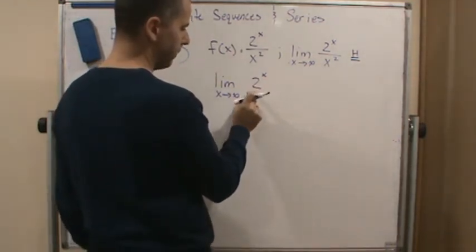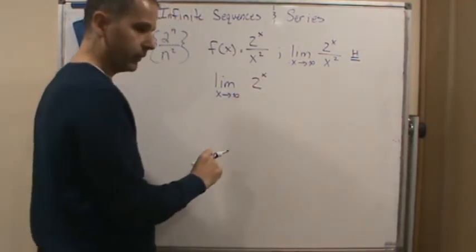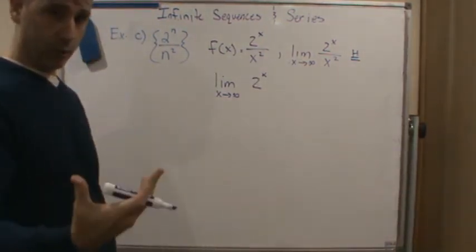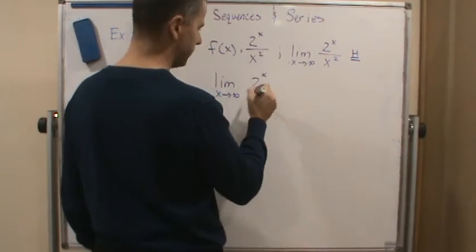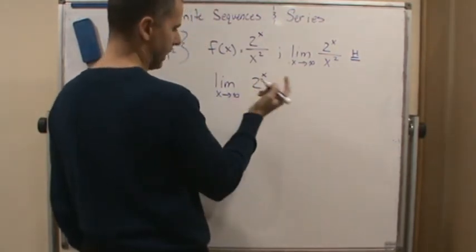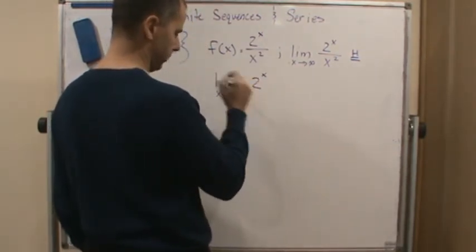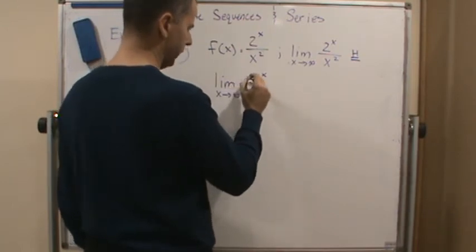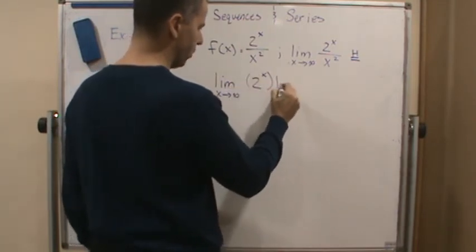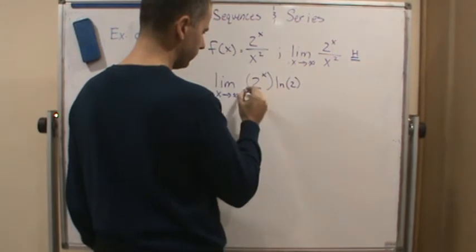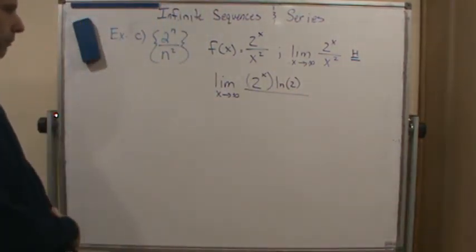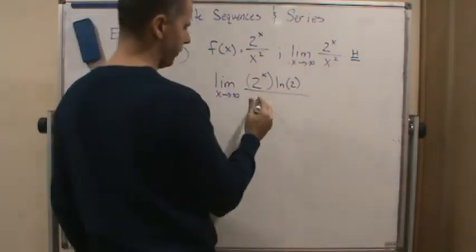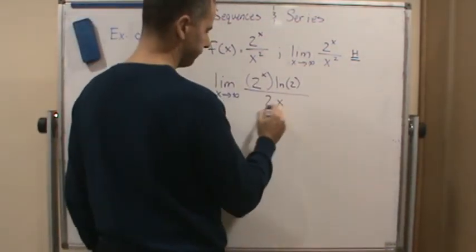And then you multiply by the natural log of the base. So in this case, it's going to be 2 to the x times 1, but then you multiply by the natural log of 2. And the derivative of the bottom is just 2x.